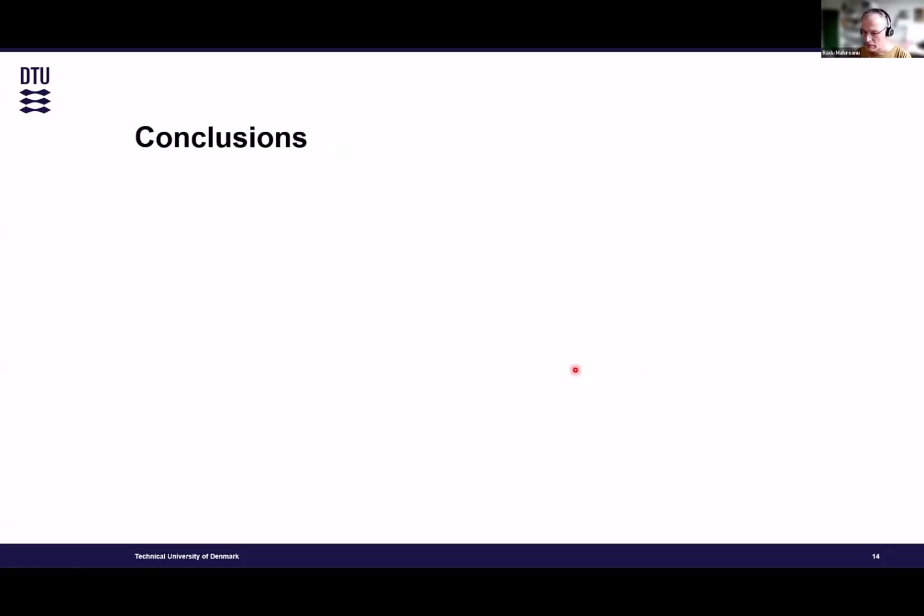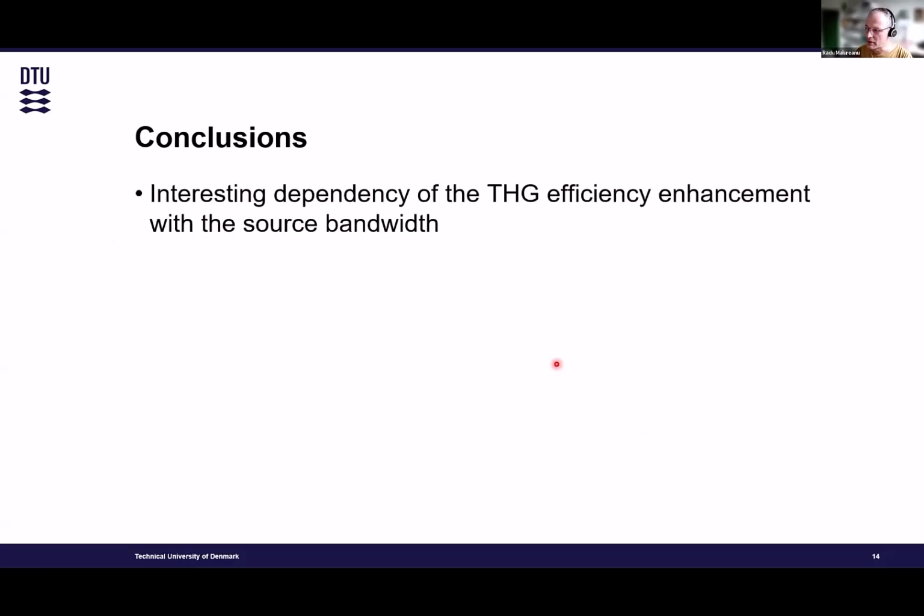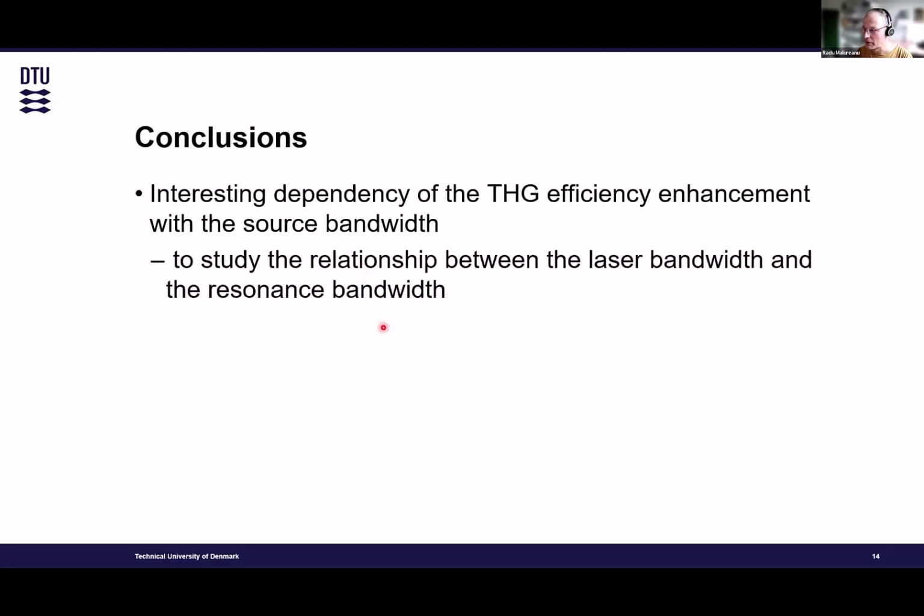So I will conclude with, from the simulations, there is this interesting dependency of the terahertz efficiency enhancement with the source bandwidth, and it would be nice to study this. We have some initial simulations.